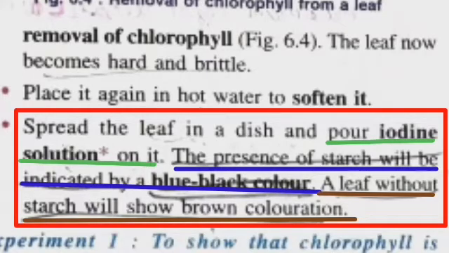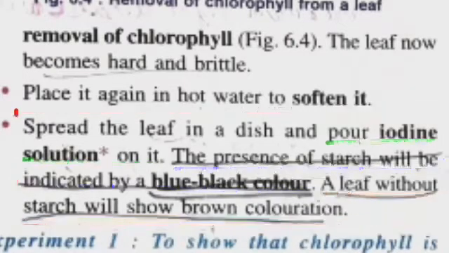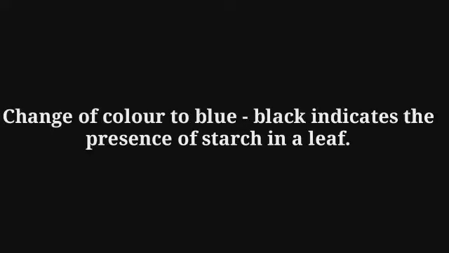So this will prove the presence of starch in a leaf by the change of color to blue black. So please remember, the blue black color will indicate the presence of starch in a leaf.